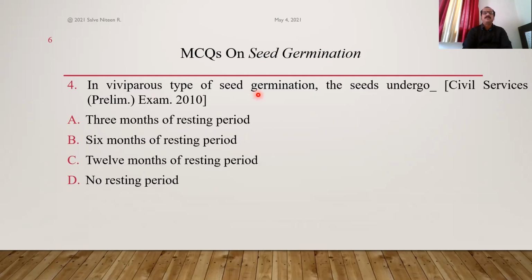That germination is called vivipary or viviparous type of germination, which is shown by some species of mangroves, the plants growing in saline conditions, waterlogged areas, your Sundarban regions. Such plants show viviparous germination, in which there is no resting period, no dormancy at all. So here the answer is option D.